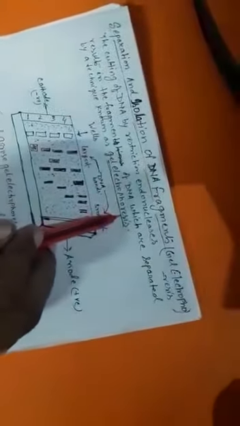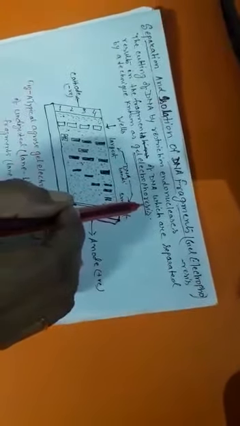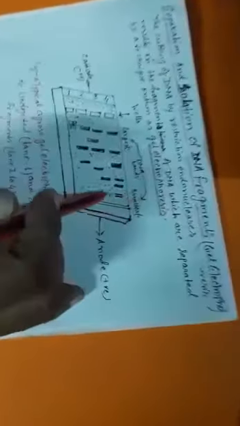In other words, gel electrophoresis is a technique for separation of DNA fragments based on their size, in which first the sample DNA is cut into fragments by restriction endonuclease.